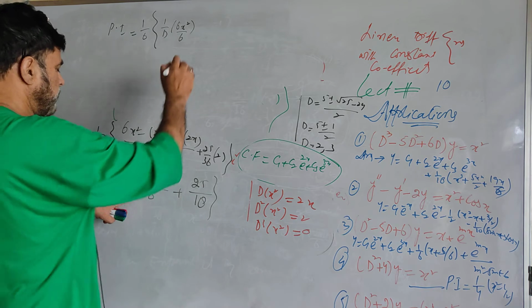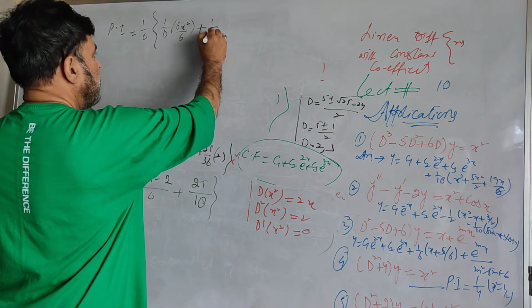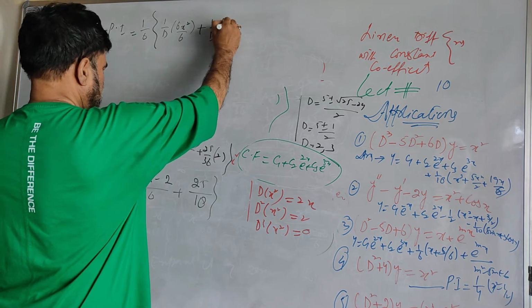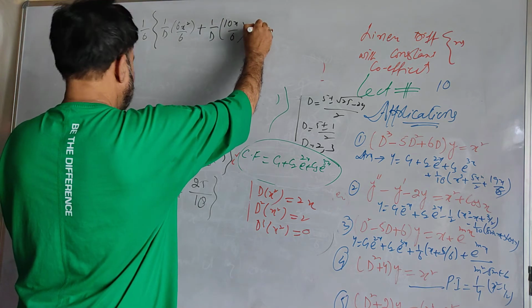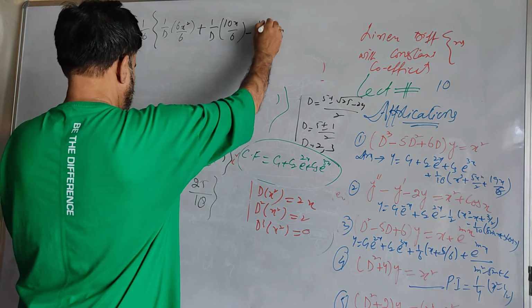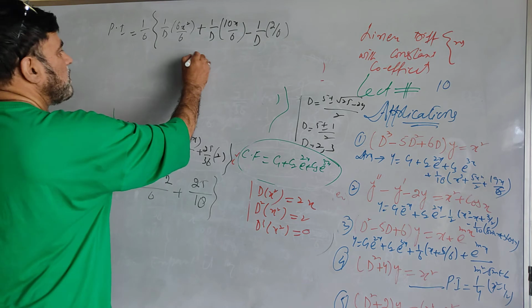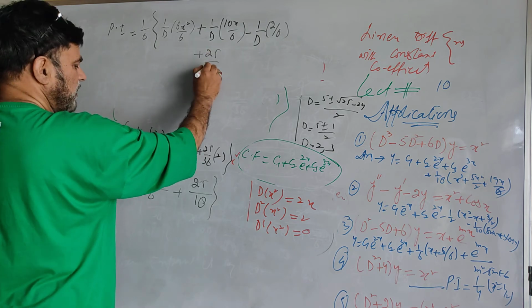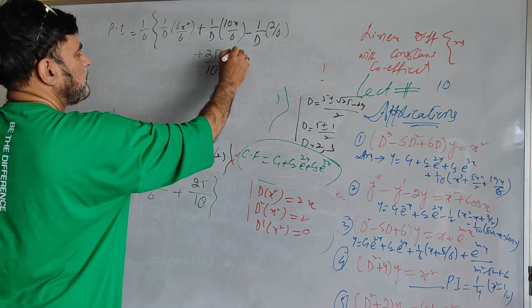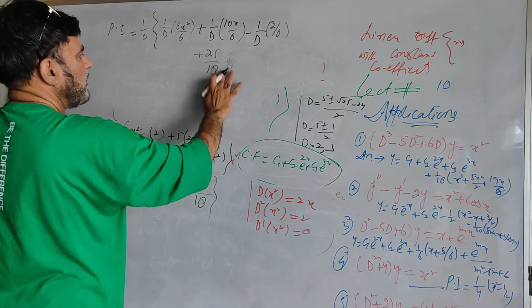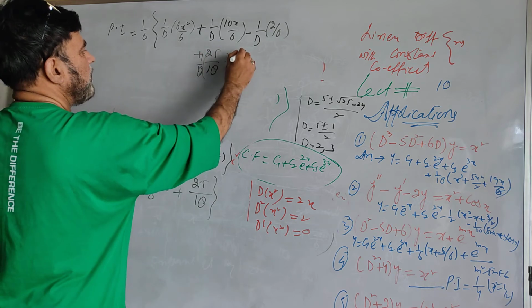Okay, it is plus 1 by D of 10x by 6, be cautious, minus 1 by D of 2 by 6, then plus 25 by 18, it is 1 by D of 25 by 18.